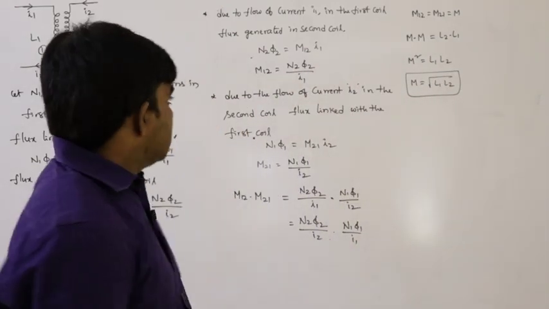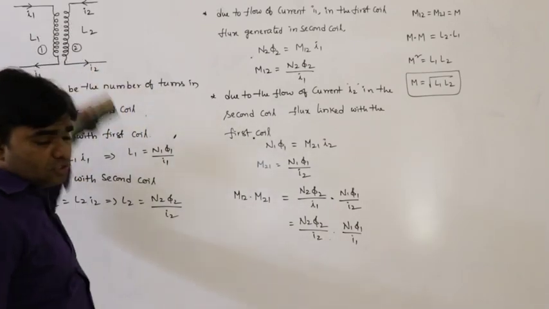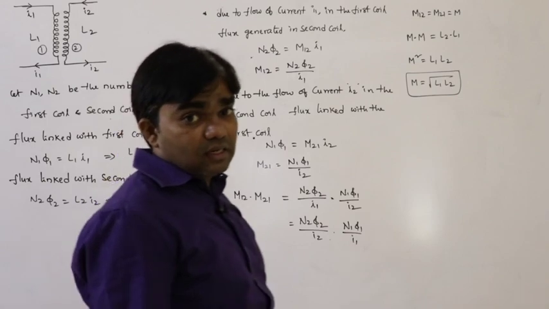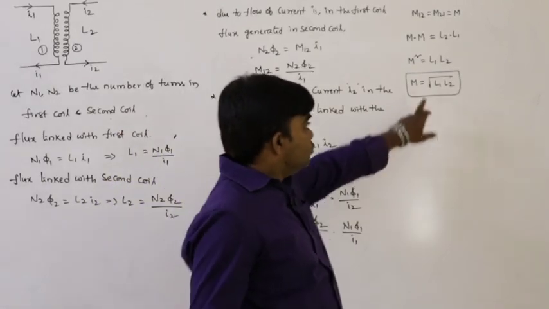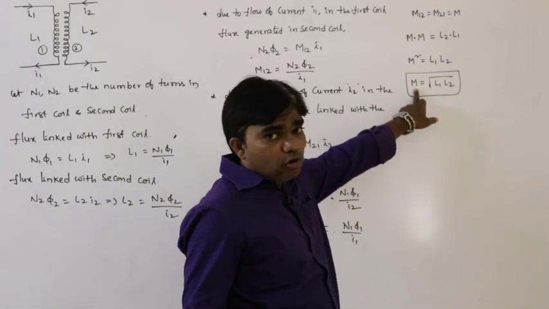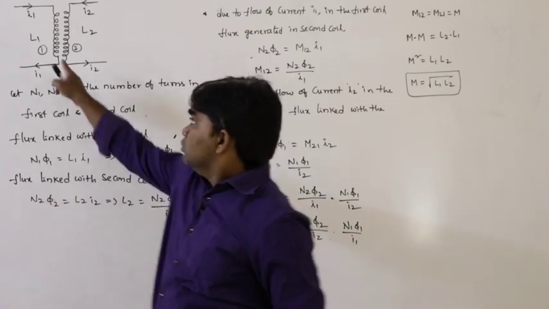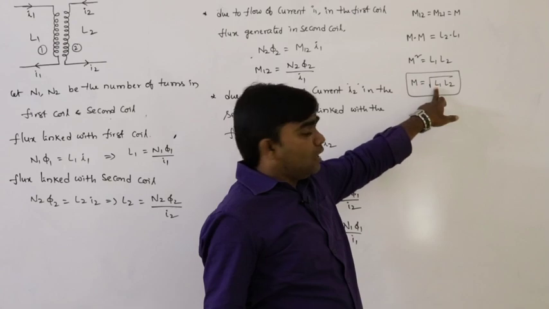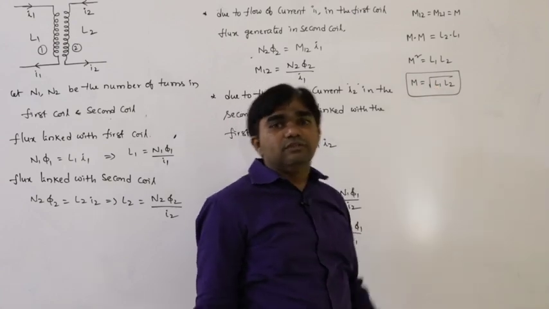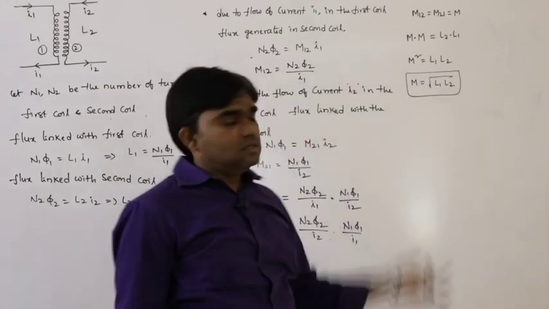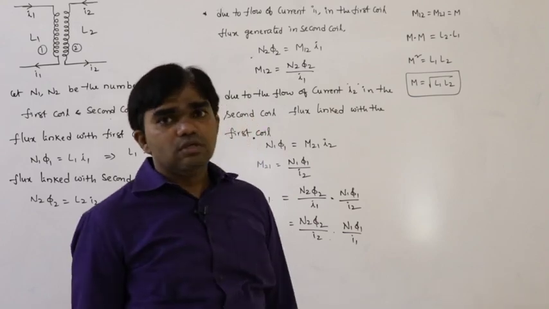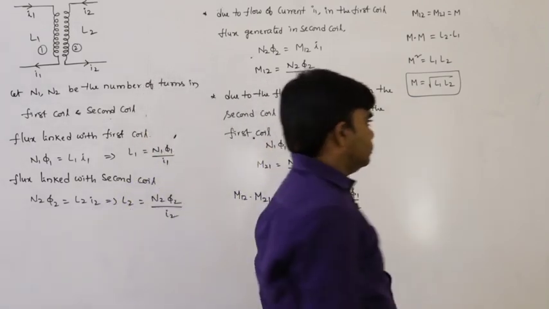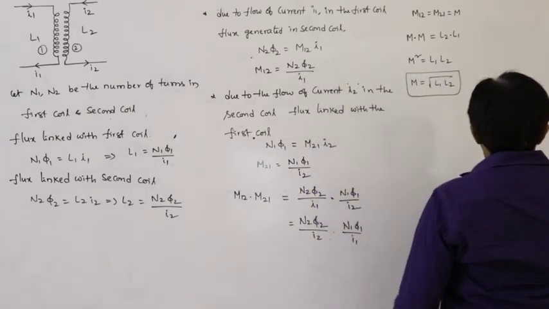So, the mutual inductance between two coils is equal to under root of the product of their self inductances. So, that is M is equal to under root L1 L2, that is the situation.